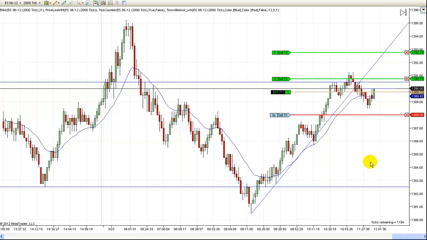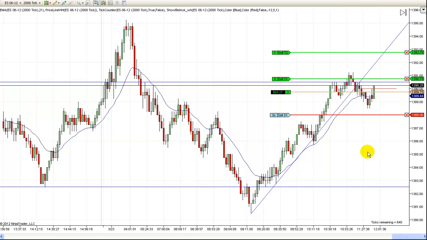We got prices moving in our direction. And we may struggle to get above this previous spot here, but I think we should be able to, hoping we should be able to scalp out of this with our 4 ticks, and if it goes higher, we'll be prepared.